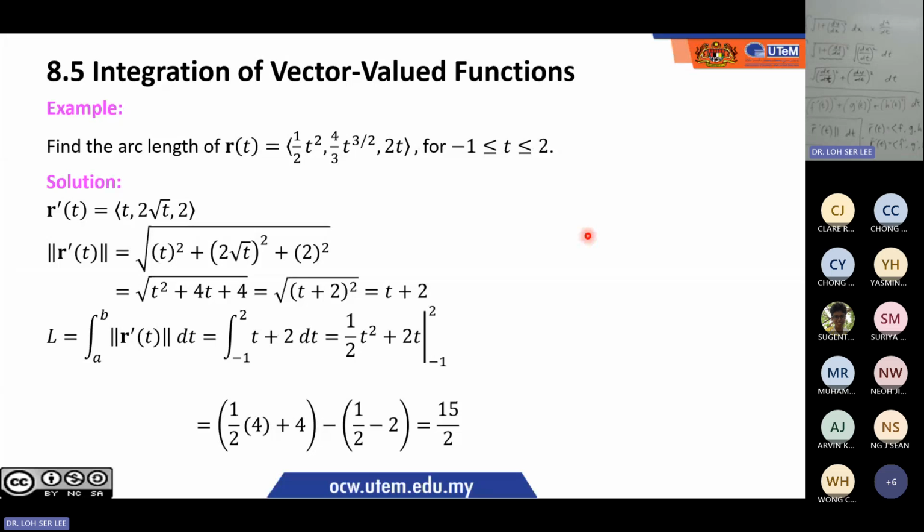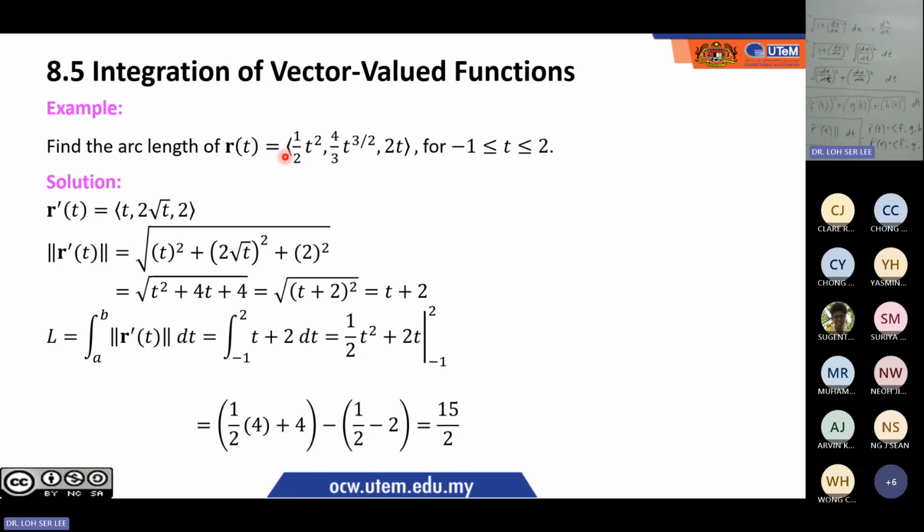Now we look at the first example. Find the arc length of this for t from -1 to 2. To get the arc length, we have to compute the magnitude of r prime, so we have to find r prime first. You differentiate these three functions with respect to t, and then you get these three.